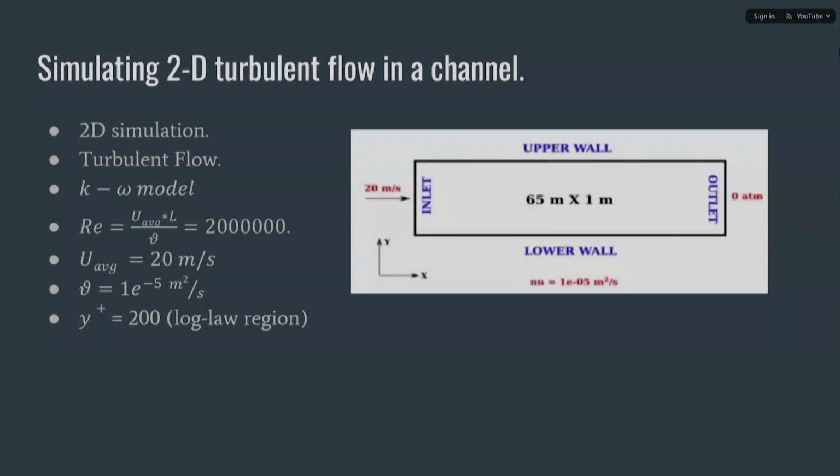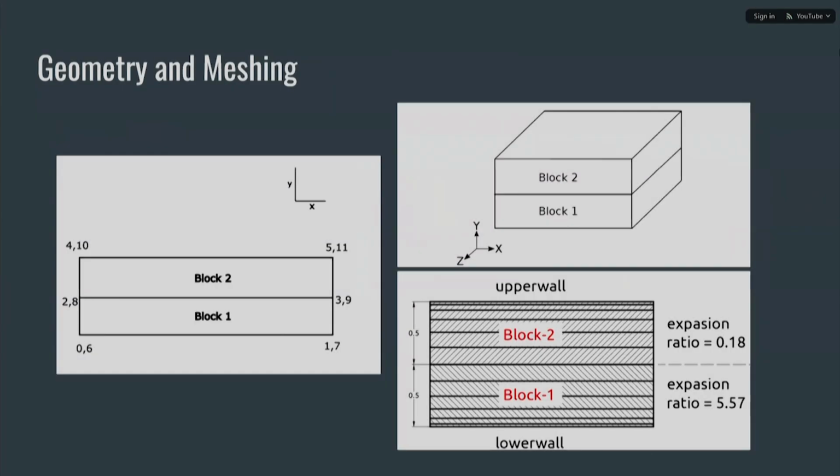Sir, for the LES model, is there any tutorial file like for k-omega, k-epsilon? If I have to apply an LES model in a turbulence case, is there any similar kind of file?